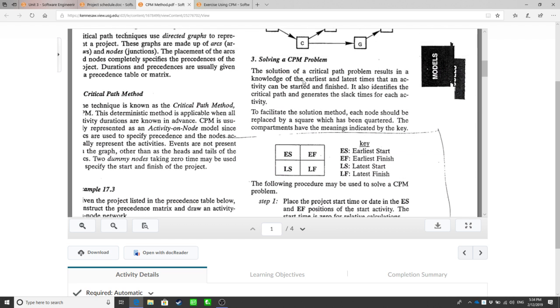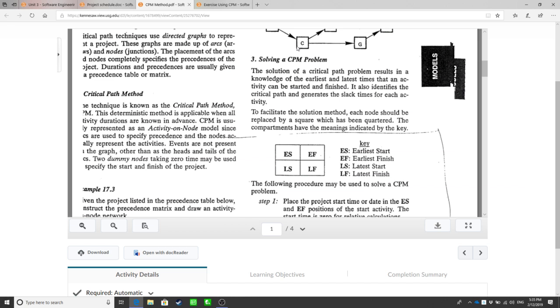When we're doing a critical path, we first separate each activity into these four parts: ES, EF, LS, LF. The earliest start time means the earliest time you can start this activity.